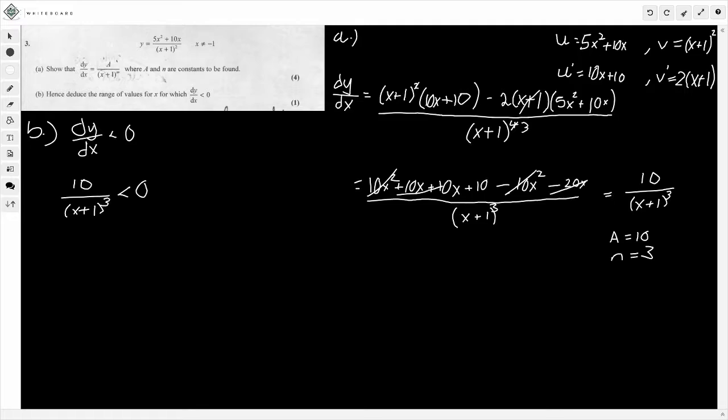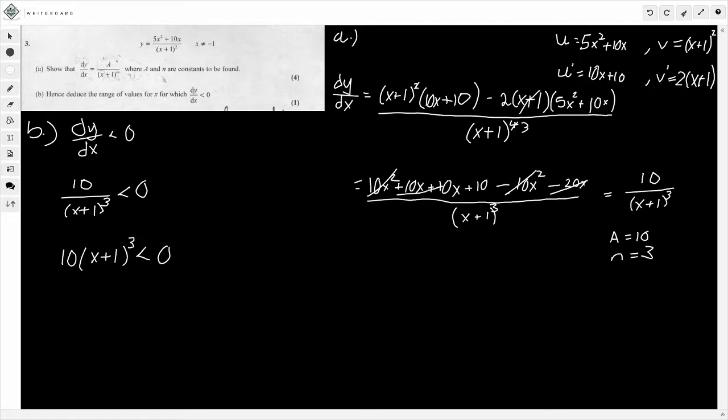So remember, the nice thing about this question is you have a 0 on this side. So I can times both sides by x plus 1 all cubed. We're going to times by the denominator here. Well, if I times this side by x plus 1 all cubed, nothing's going to happen. Anything times 0 is just 0. But we're going to get 10 lots of this on the numerator. So what we're actually going to end up with now is 10 lots of x plus 1 all cubed is less than 0.